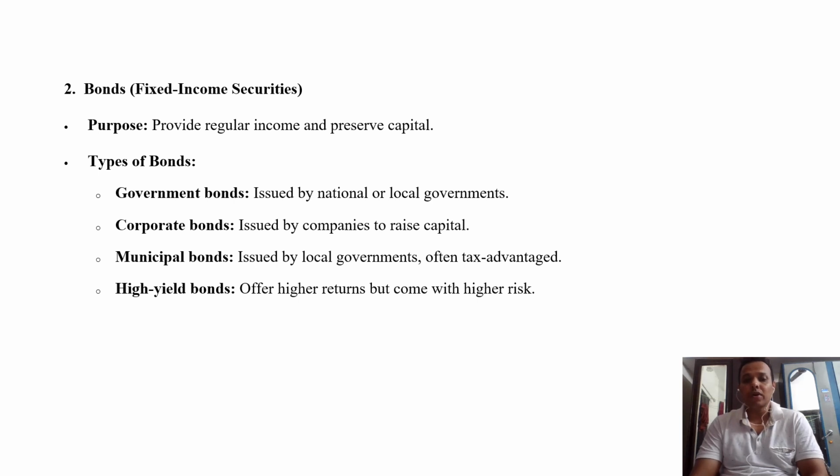So with a bond, you get a certain kind of interest when bonds are issued. It might be a government bond issued by the national and local government. A corporate bond is issued by a company to raise capital. A municipal bond is issued by the local government, often with a tax advantage, especially when buying the bond and paying interest, with 100% tax exemption, tax relief. Then high yield bonds offer high returns but come with higher risk.